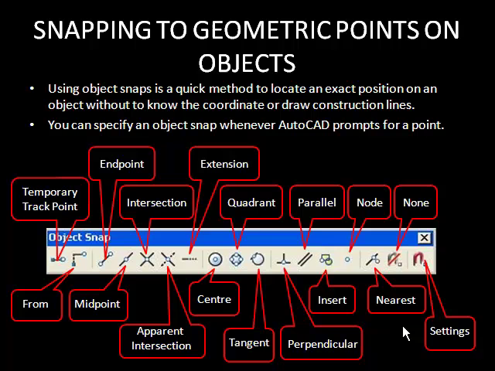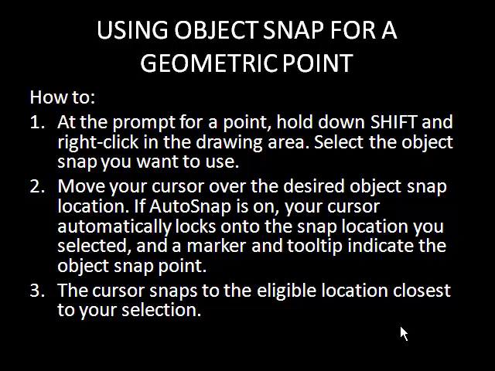The tools we have are track point, from, endpoint, midpoint, intersection, apparent intersection, extension, center, quadrant, tangent, perpendicular, parallel, insert, node, nearest, or none. The last one is to access the settings. Table 1 in your handout has the command lines and a brief explanation.